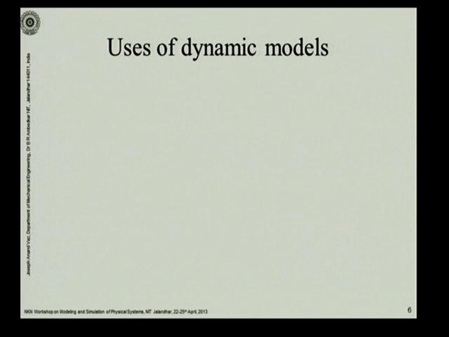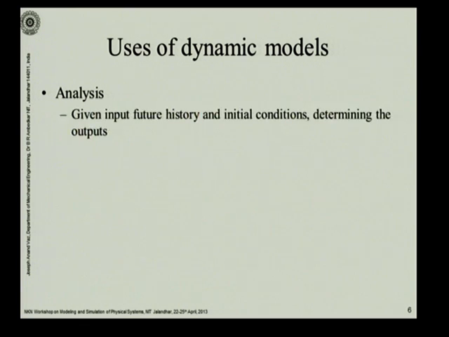Well, dynamic models can be used for essentially three purposes. One is for analysis, where you have a given input history and initial conditions of the system, and you are going to determine the outputs.